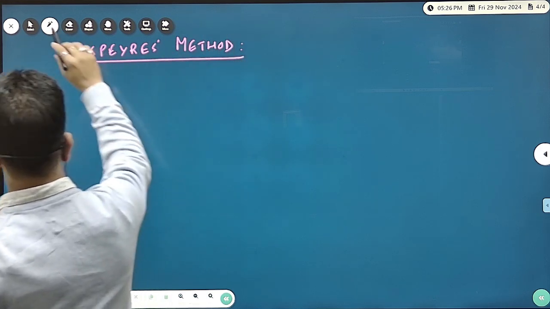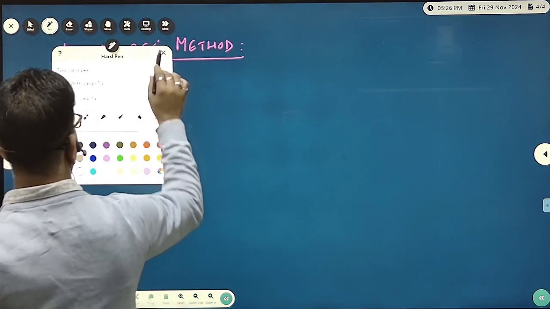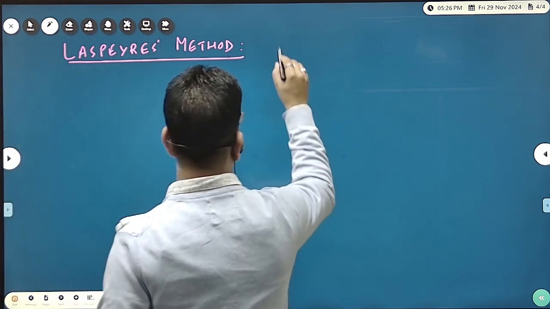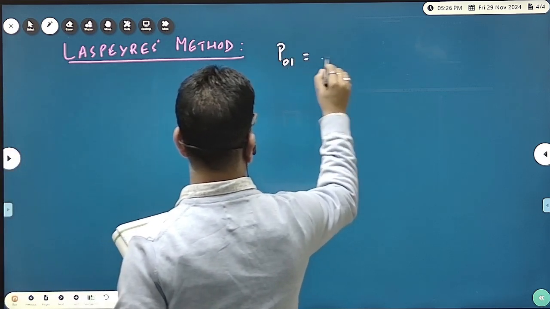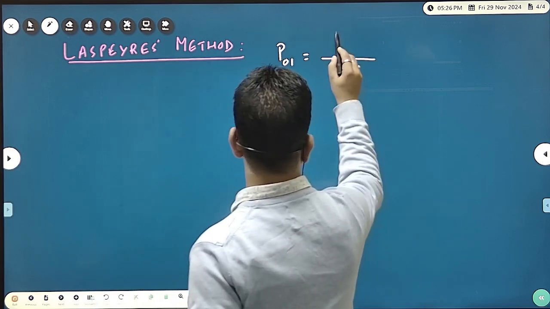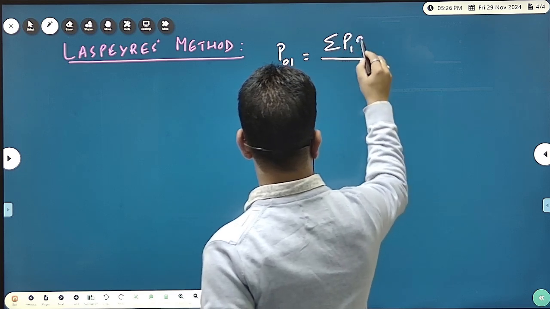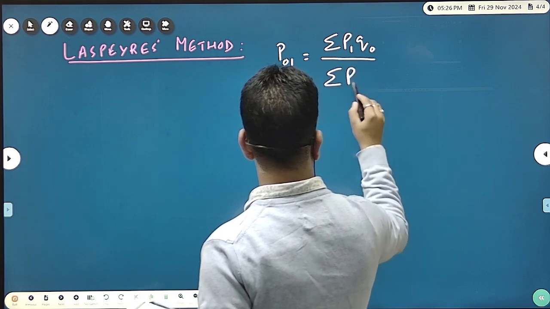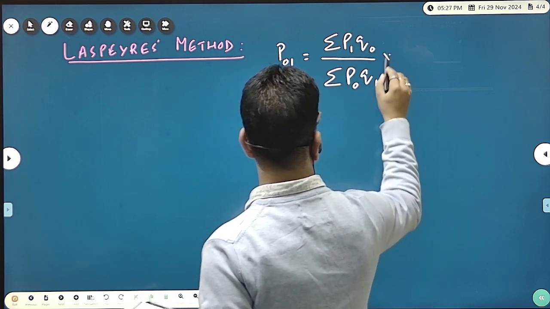So the method goes like this. What is the difference and why is this method applied? Once we do the question, you will understand. It is P01, once again the price index: the summation of P1 Q0 divided by the summation of P0 Q0, multiplied by 100.